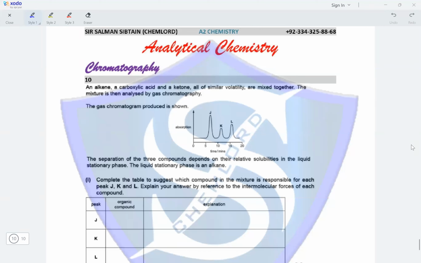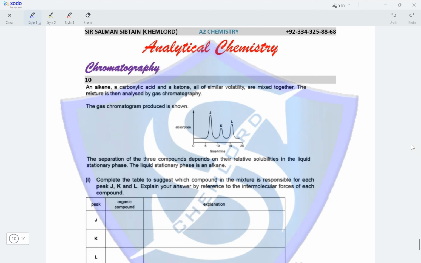Question 10. An alkene, a carboxylic acid, and a ketone, all of similar volatility, are mixed together. The mixture is then analyzed by gas chromatography. The gas chromatogram produced is shown. So J comes out first and L comes out last. The separation of the three compounds depends on their relative solubilities in the liquid stationary phase.